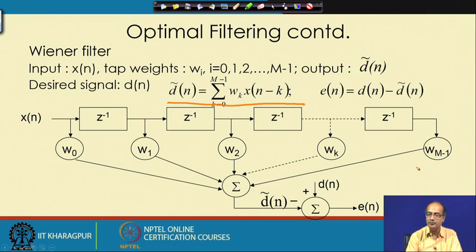And for the time being, I would request you to assume that some d n is there. Now, there could be a practical question: if d n is there, then why are we doing all this? We can take d n and proceed with that. So, let us shelve that question for the time being and keep it for the future, we will take it up later.